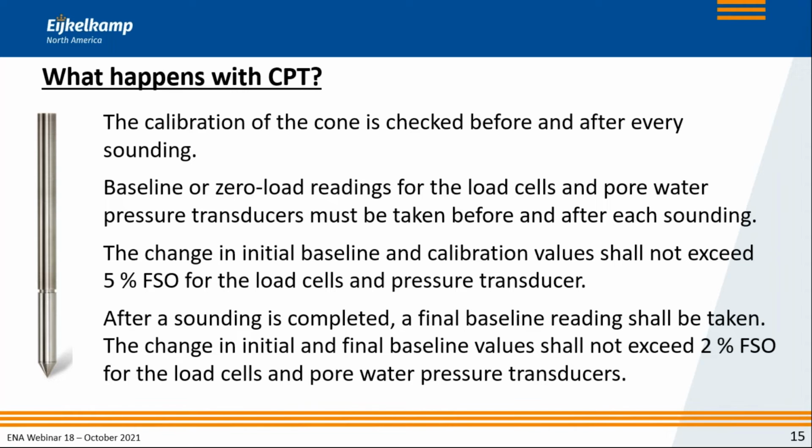In other words, before we push the cone in the ground, we check that the zero values are close to the calibrated values. And then after, we check that during the process of the CPT, nothing happened to the cone, and that the cone is basically in the same shape as it was when it went into the ground. That's the process that we follow with CPT.